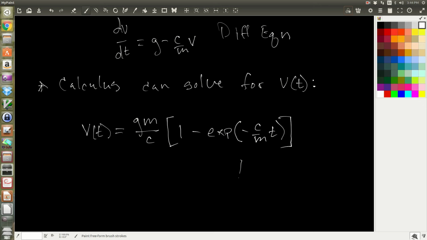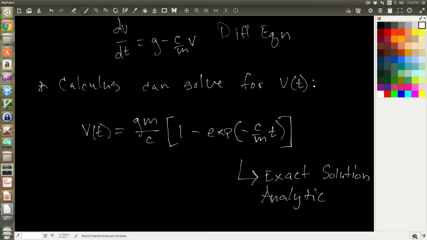This is the exact solution, and it's also analytic. Analytic means you can write it down as an equation.